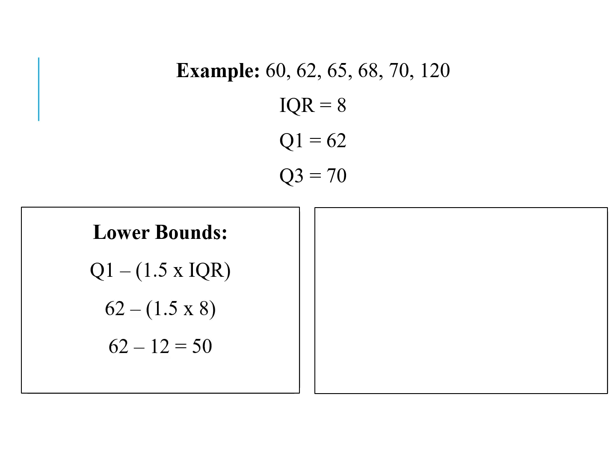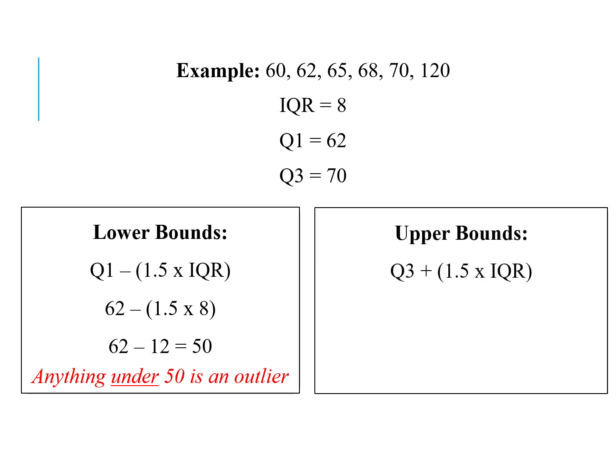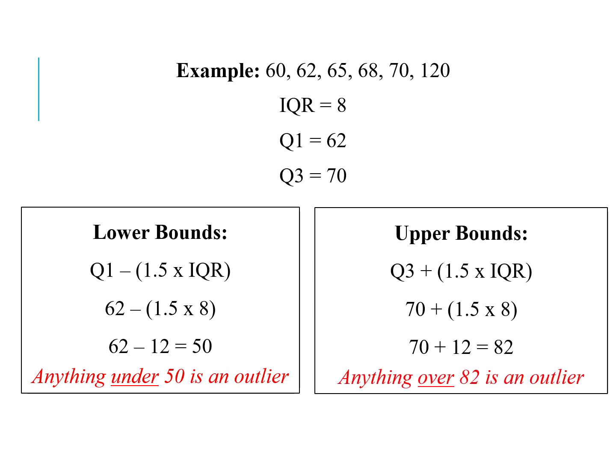So we get 62 minus 1.5 times 8, or 62 minus 12 is 50. So anything under 50 is an outlier. On the other side of the distribution, we use the equation quartile 3 plus 1.5 times the interquartile range. Plugging in those numbers, that gives us 70 plus 12 is 82. So anything over 82 is an outlier.